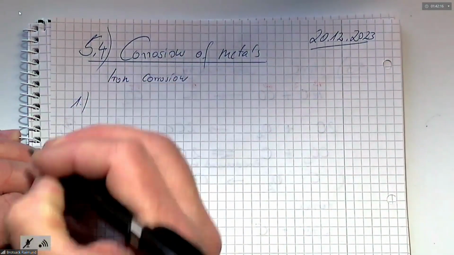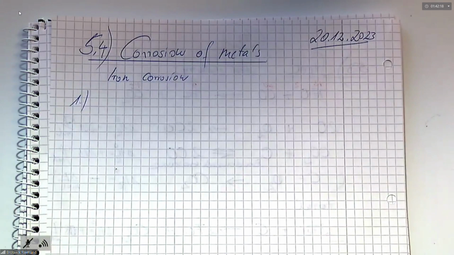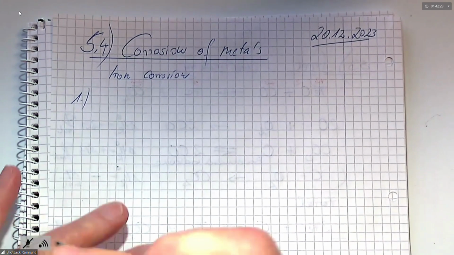And these are more steps. So in reality, outside this is quite complex. We have a so-called primary oxidation of iron.